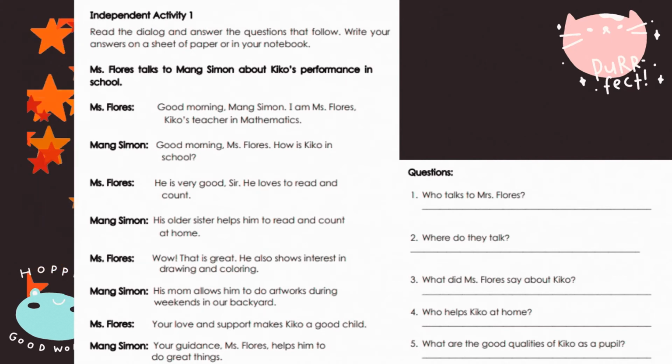For the questions, number 1, who talks to Miss Flores? Number 2, where do they talk? Number 3, what did Miss Flores say about Kiko? Number 4, who helps Kiko at home? And number 5, what are the good qualities of Kiko as a pupil?